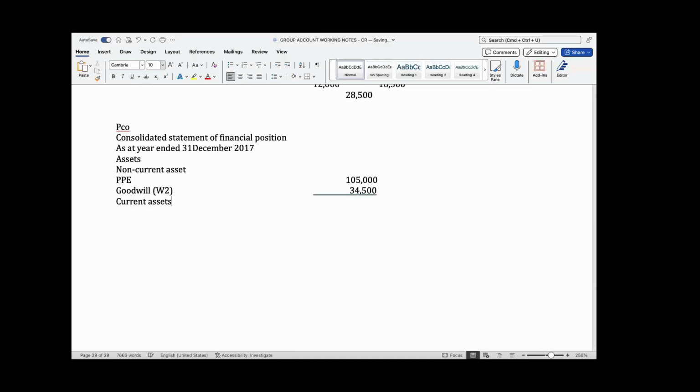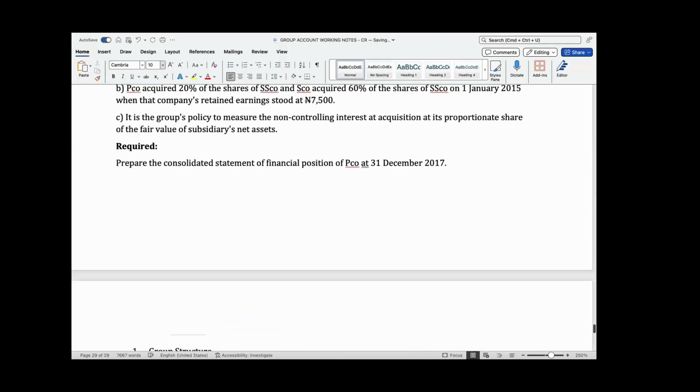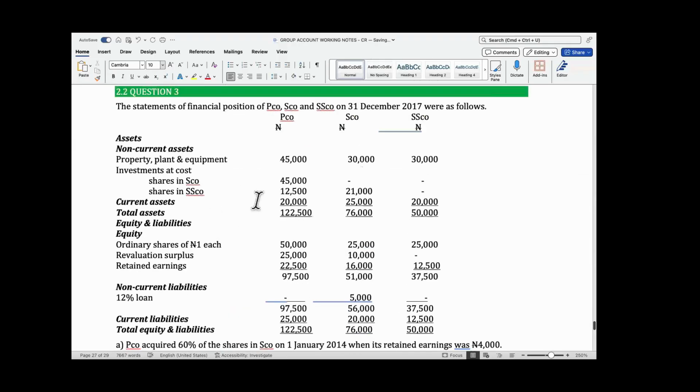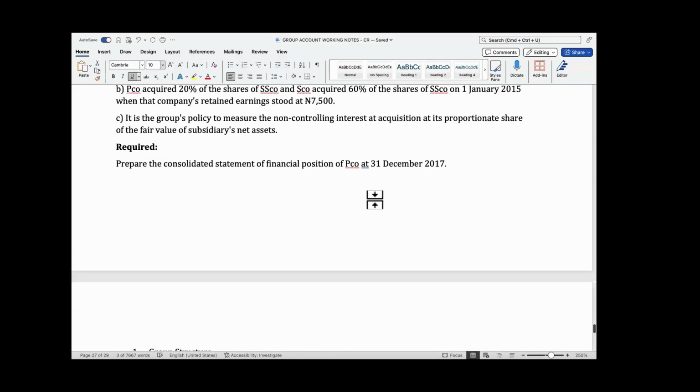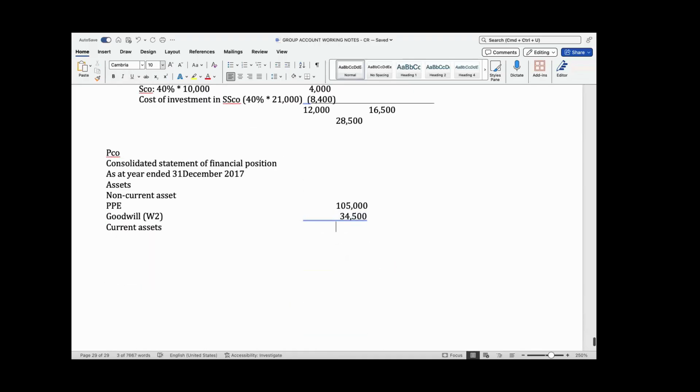Then my current assets. What's the addition of all this? 65,000. So what's my total assets? 204,500.